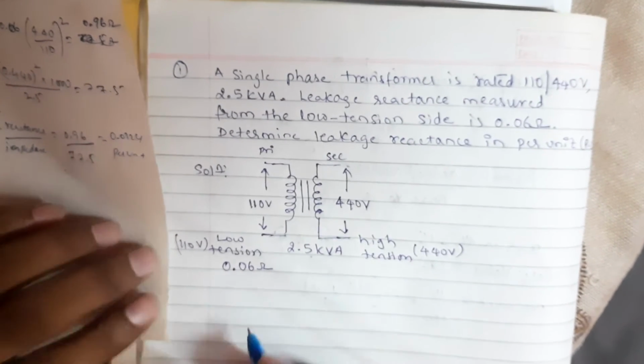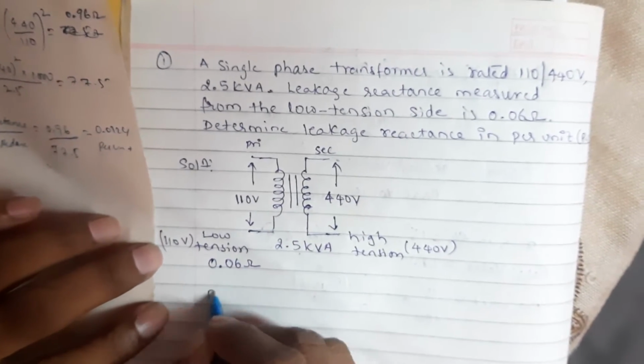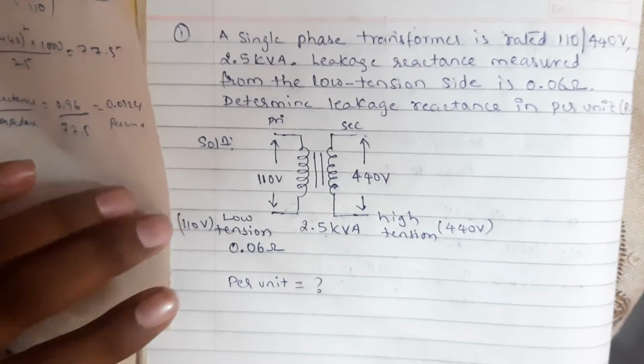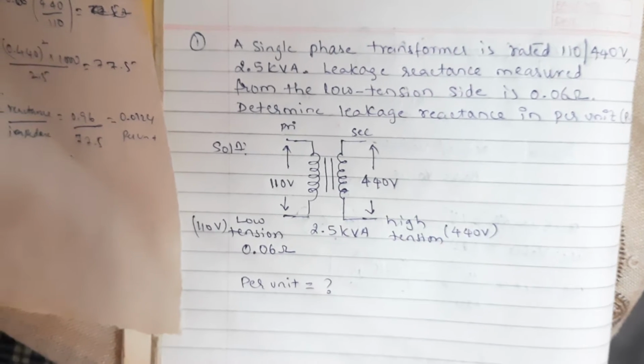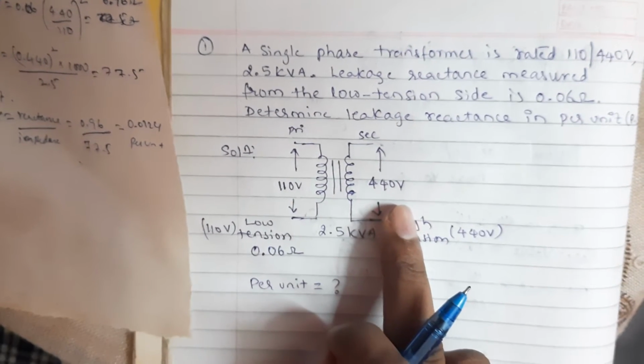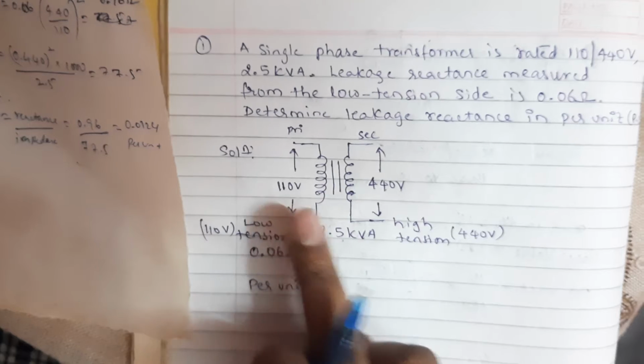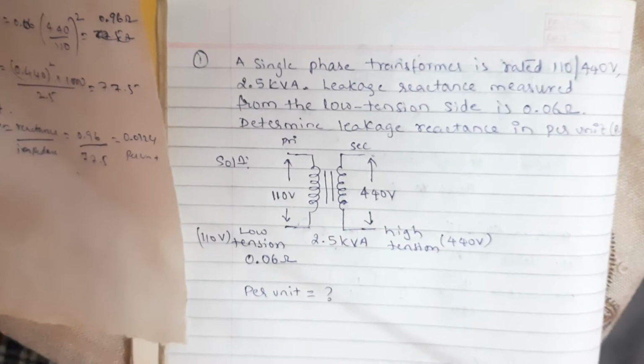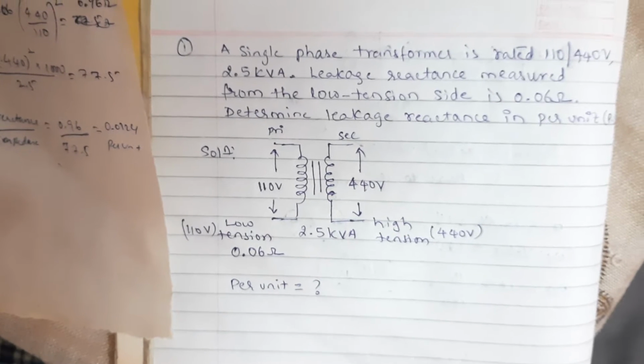Now we have to find the per unit value: per unit is actual value divided by base value.